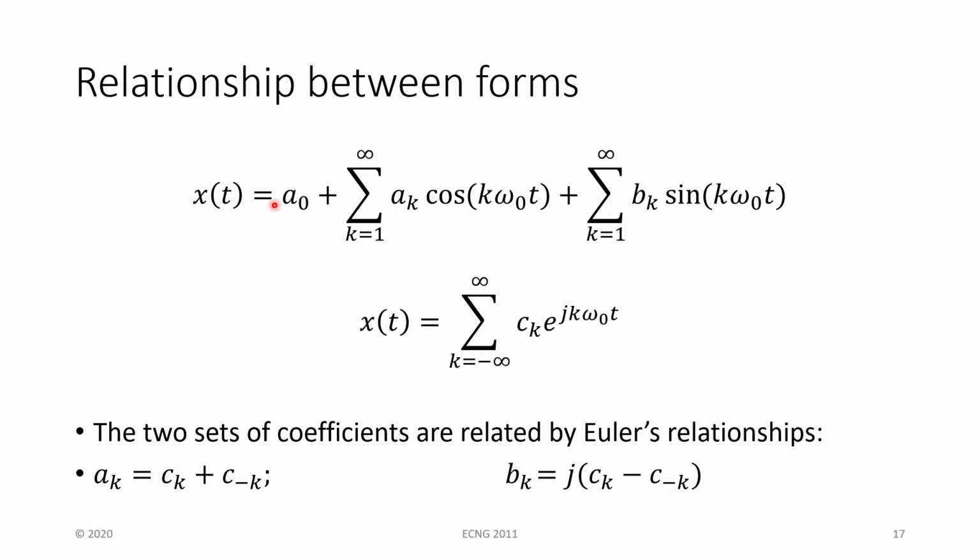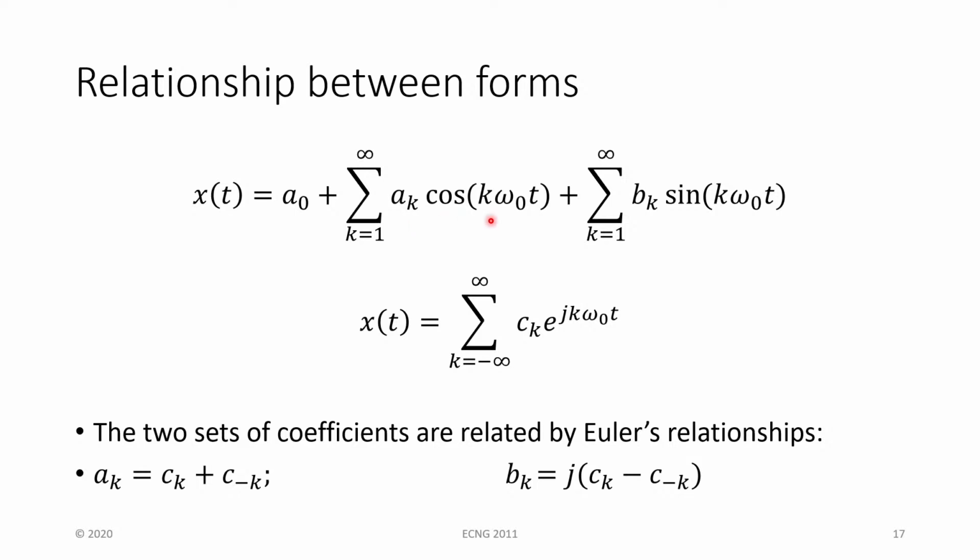So if we watch the trigonometric series here and the complex exponential series here, they basically represent the same Fourier series equations. a_k here is represented by c_k plus c of negative k, and b_k, represented in our sine terms, is represented by j times (c_k minus c_negative k).